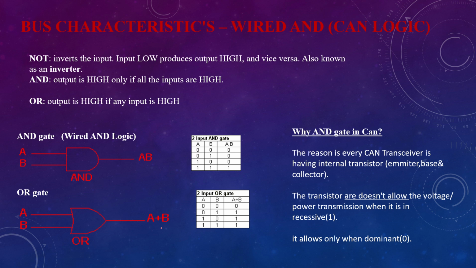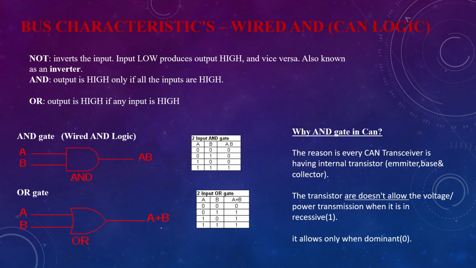In AND gate logic, note that an inverter's input low produces output high, and vice versa. Sometimes the input is high and the output is low, it happens sometimes.